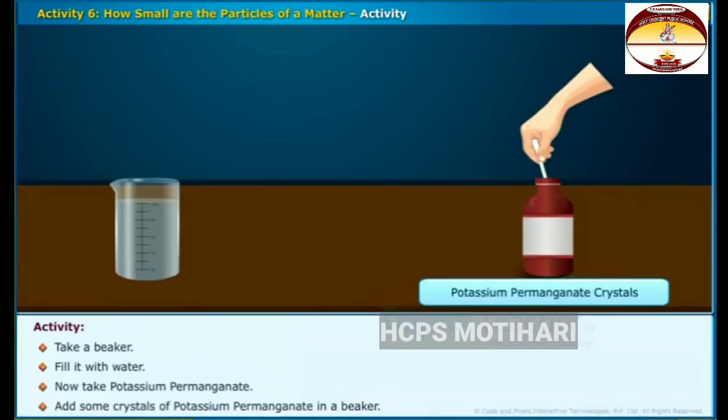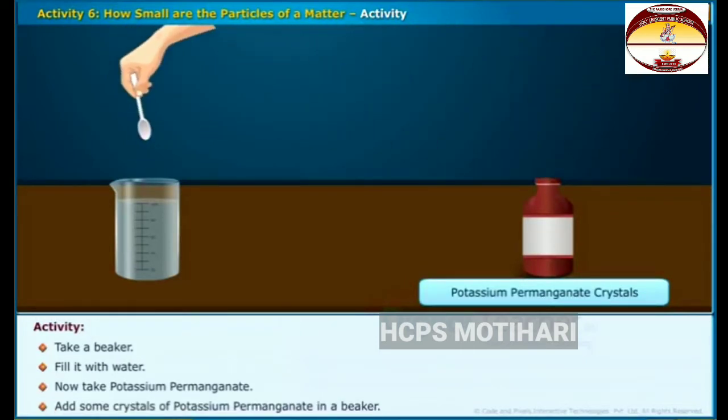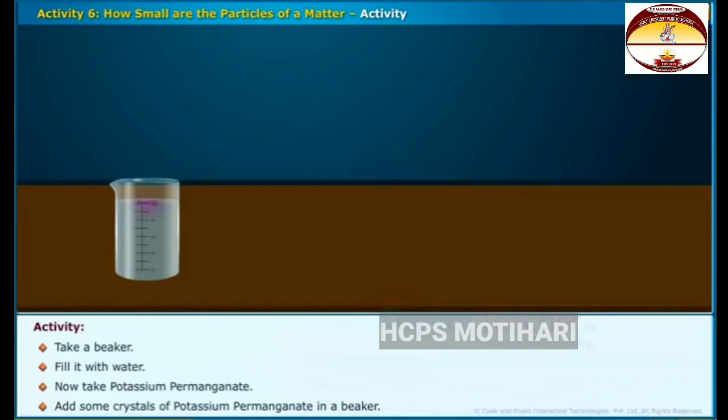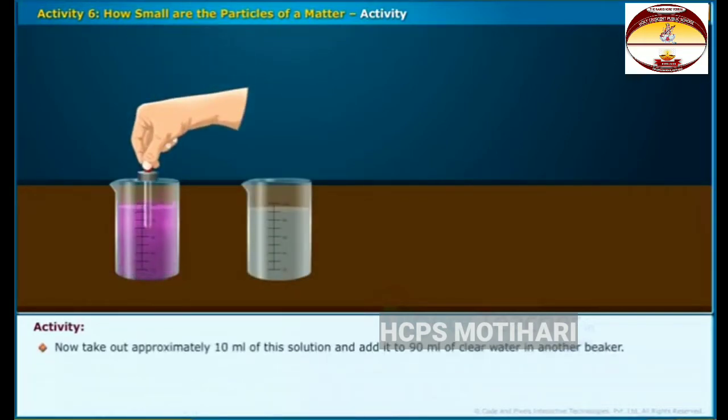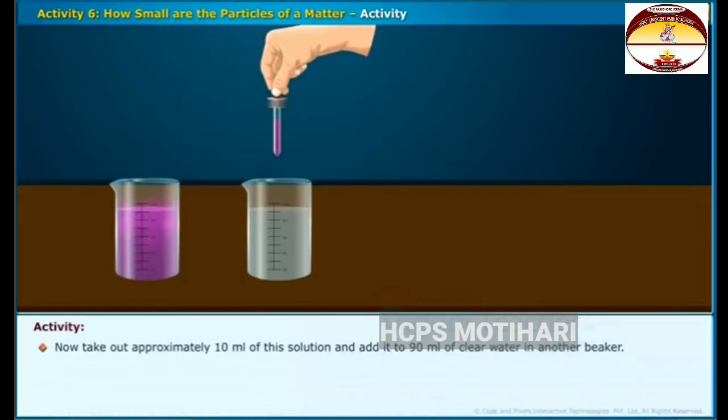Add some crystals of potassium permanganate in the beaker. Now, take out approximately 10 ml of this solution and add it to 90 ml of clear water in another beaker.